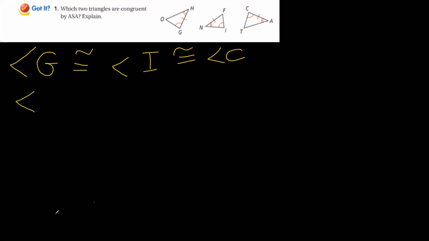And also angle H is congruent with angle N, and congruent with angle A. Miss, sorry, the internet connection was low, so I got out. Is that your question or did you mean another thing? No, I mean that.